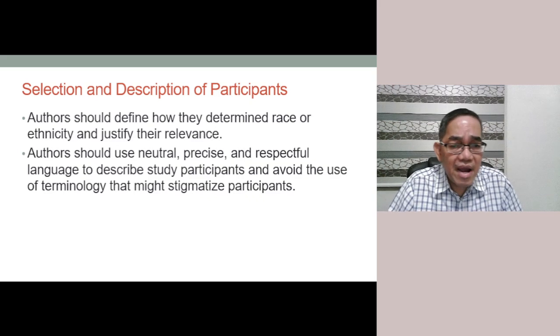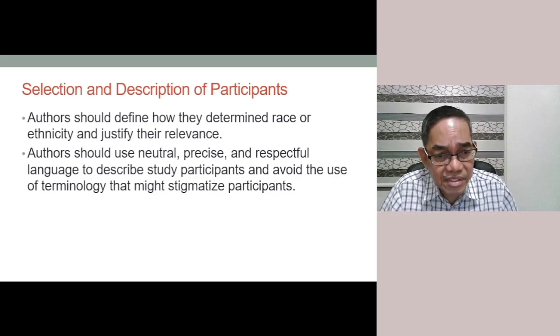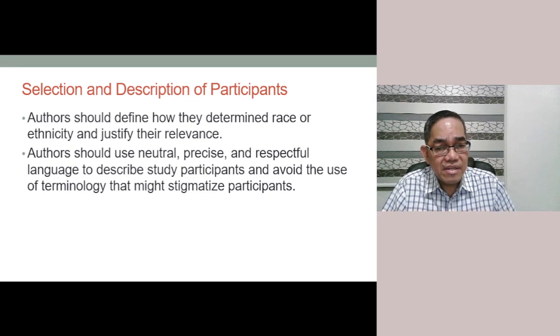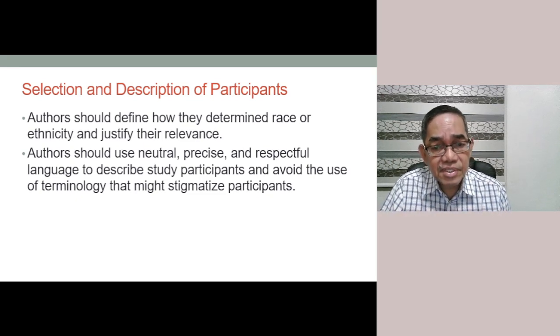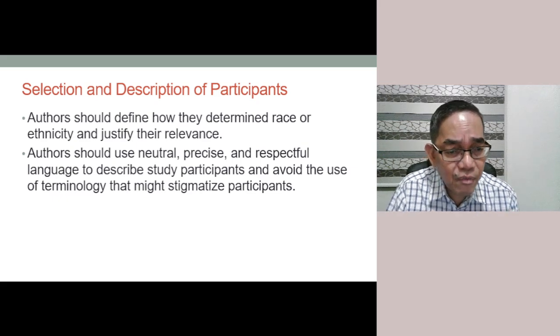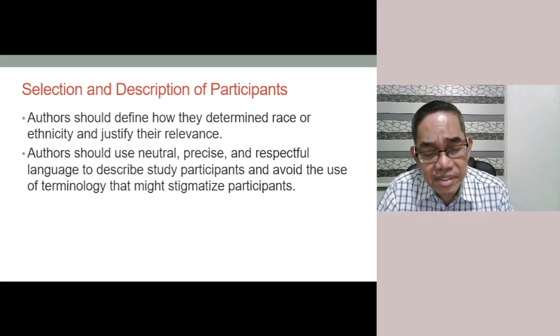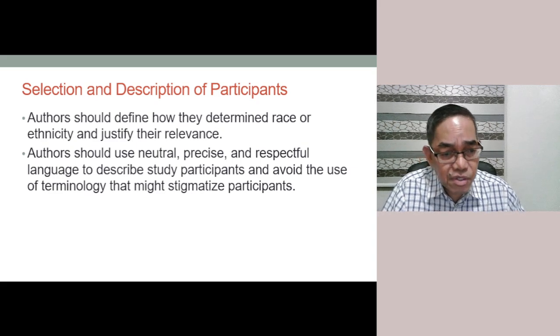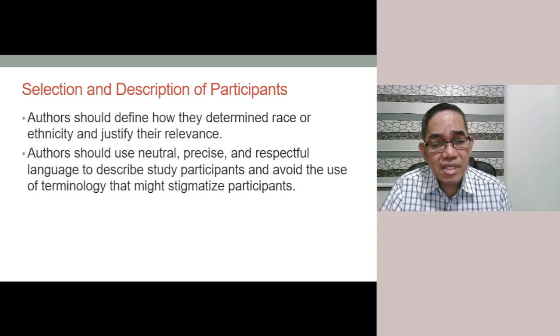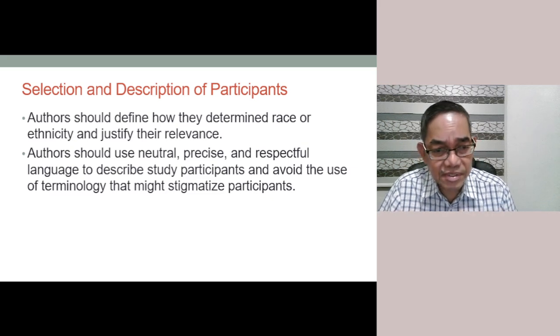An author should define how they determine race or ethnicity if applicable, and justify their relevance. Authors should use neutral, precise, and respectful language to describe the study participants and avoid the use of terminology that might stigmatize the participants.